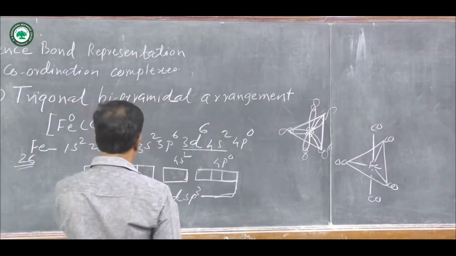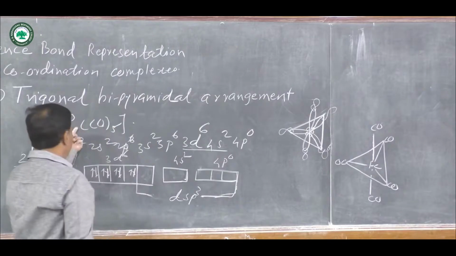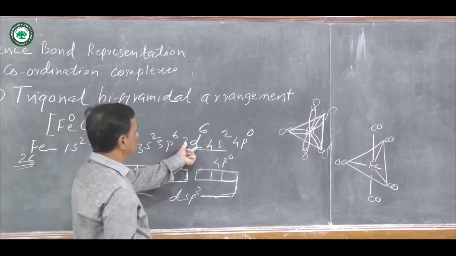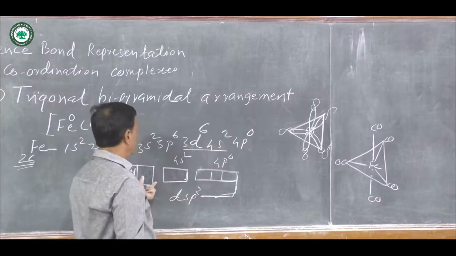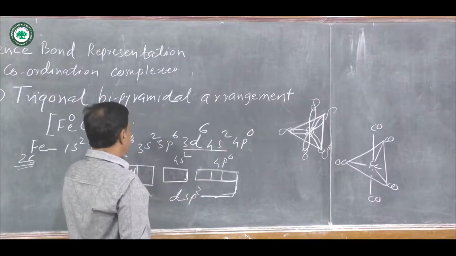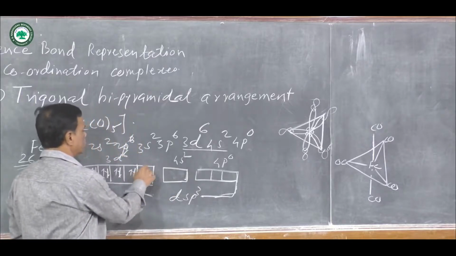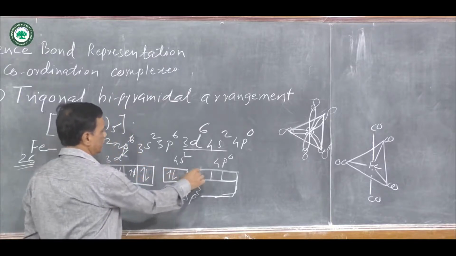In this complex compound, Fe has 8 electrons, that are 3d6 4s2, then 10 electrons are donated by carbonyl, and these 10 electrons are represented here.